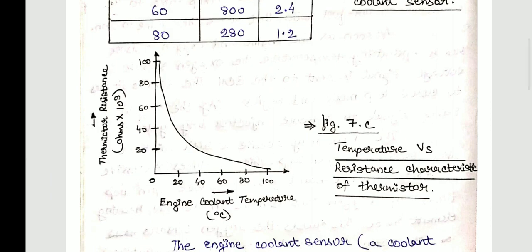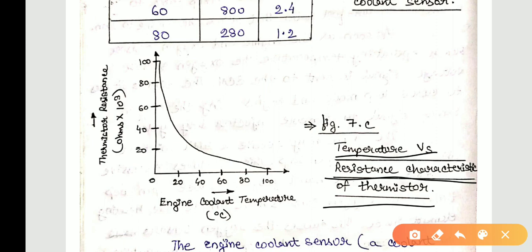Next, see this graph. This graph is basically the temperature versus resistance characteristics of a thermistor, right? You see, in this graph, when the engine coolant temperature is increasing in degrees centigrade, the thermistor resistance is decreasing, right?